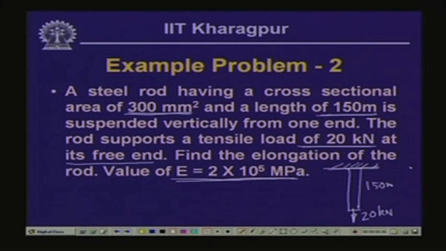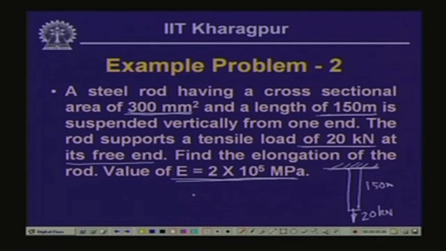So, we are interested to compute what is going to be the elongation of the bar. This bar, because of the axial pull, is going to be stretched, it is going to deform. So, we are interested to find out how much deformation this bar will undergo because of the axial pull which is acting. One end is fixed, the other end is being pulled.